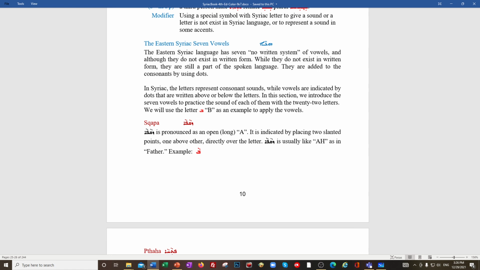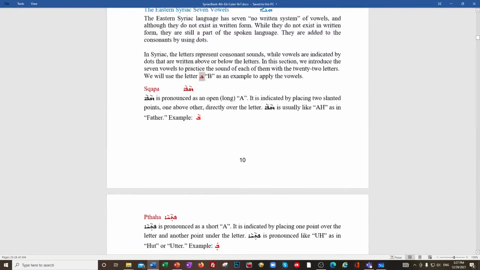You saw some dots before, and these dots change the sounds of the letter, and they can apply on any letter in the Syriac language. We're going to use the letter B, Beth, to see how the sounds of the letter is going to change when we apply the vowel.